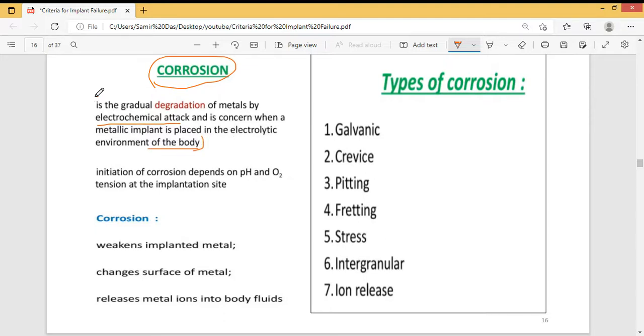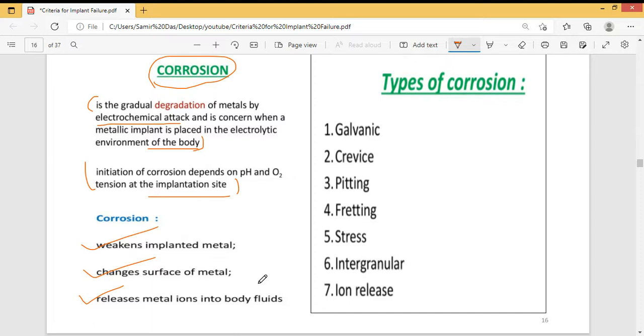So we have to take care of this definition. Next, initiation of corrosion depends on the pH and O2 tension at the implant site as well. Corrosion weakens the implanted metal, changes the surface of the metal, and releases metal ions into the body fluid as well.